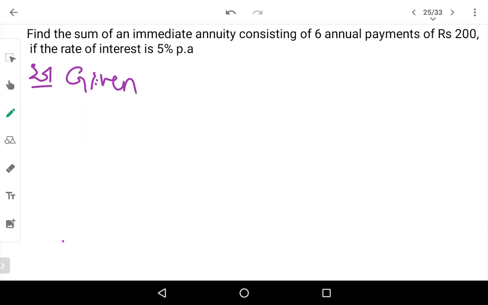So given, our annuity is rupees 200 and the interest is 5%, which is 5 by 100.